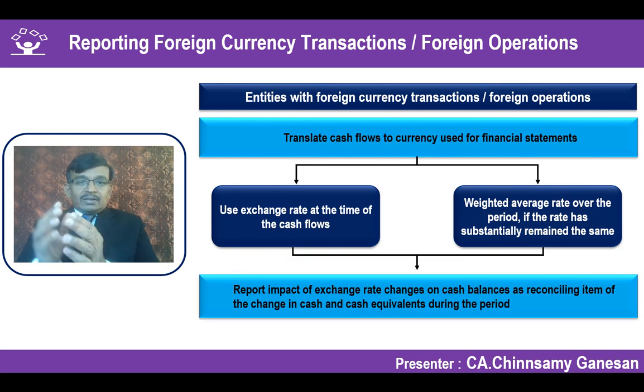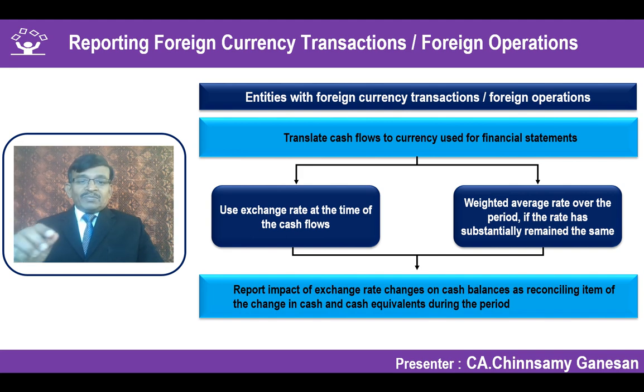The difference arising out of the exchange rate differences should be shown as an adjustment to cash and cash equivalents, as a reconciling item. So normally we will show the net increase in cash and cash equivalents during the period, which is an aggregate of the cash flows from operating activities, investing activities, and financing activities.